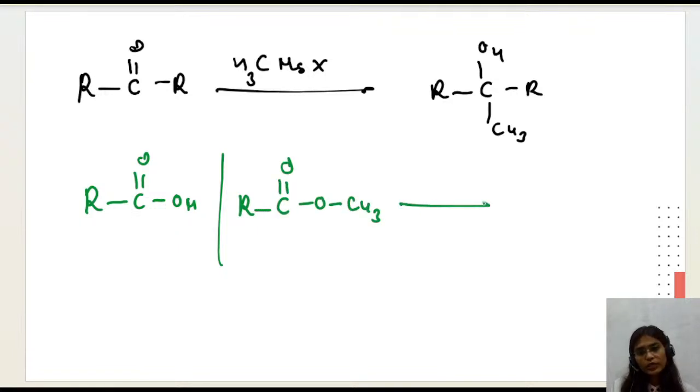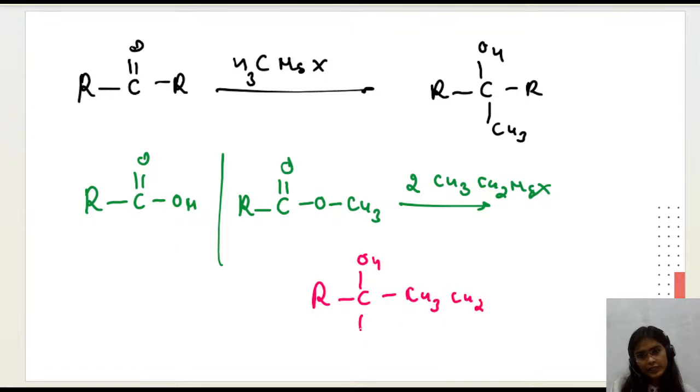In both cases you have to use 2 moles of CH3 MgX there. Why? Because it follows a two-time mechanism. So what will be the final answer? We are getting OH, and then CH3 CH2 has to be connected two times. Every time the final answer has to be this.